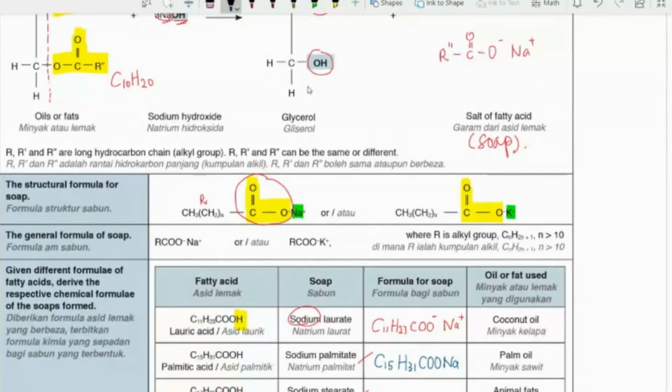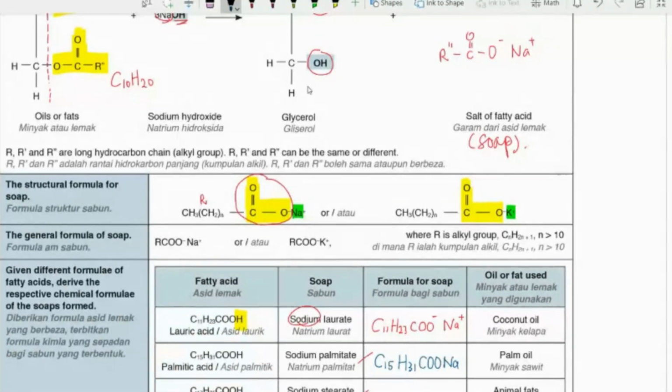Okay, next, stearic acid. So sodium stearate. Can you type your answer? What is the formula? Okay, C17H35COONa.